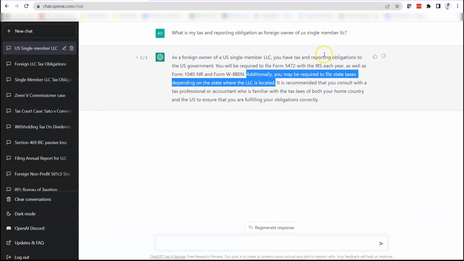So I like the fact that it uses permissive language here, and it makes it easy to know that, okay, it's not really certain, but it says you may. So whenever it uses words like this, you need to consult with an attorney or CPA to see what the best result is going to be for you.